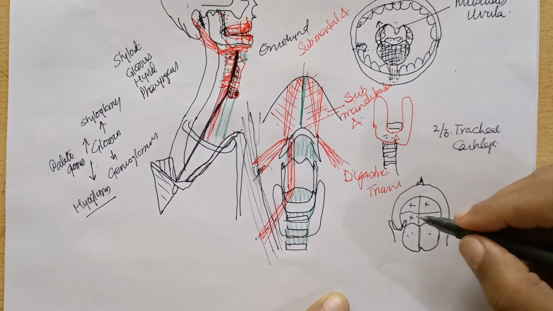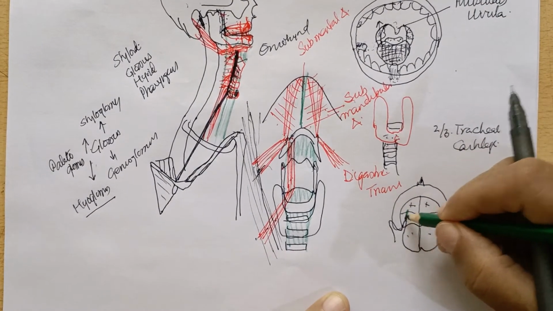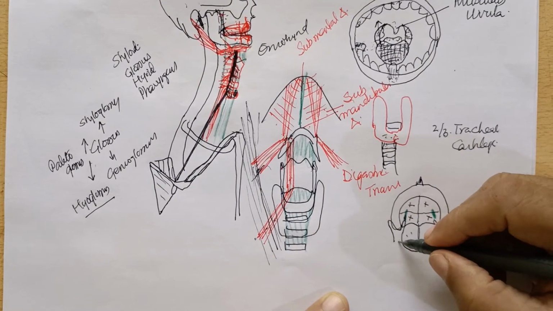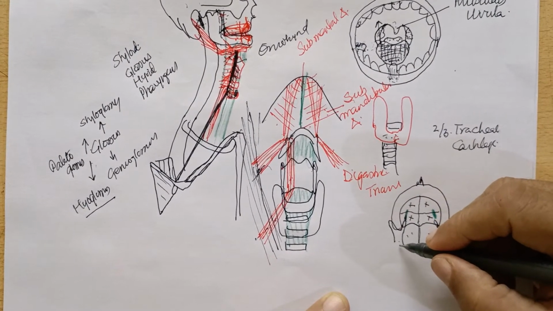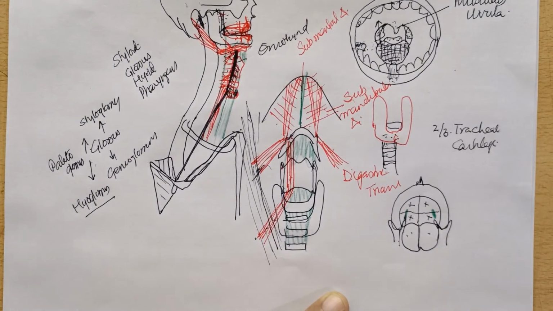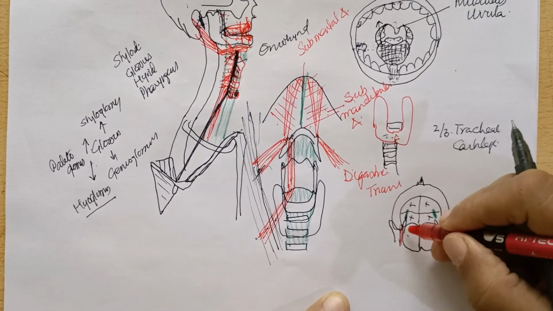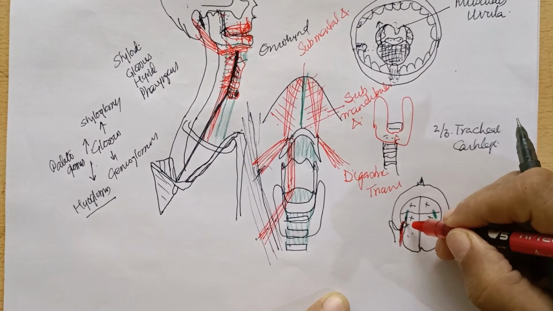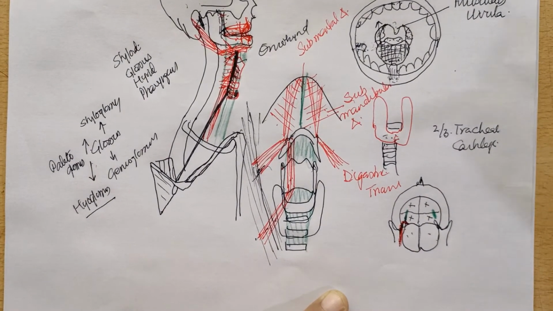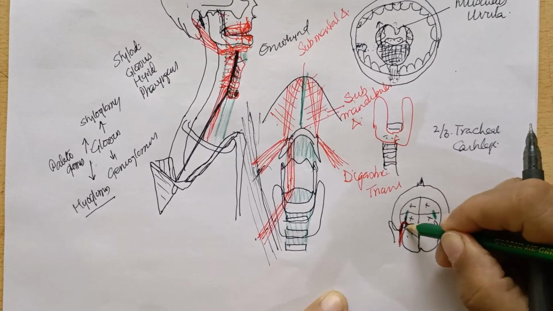Here you had the spine, and from this you had the pterygomandibular ligament, and you had a muscle which arose from the medial pterygoid plate, turned round the hamulus, and formed an aponeurosis like this.